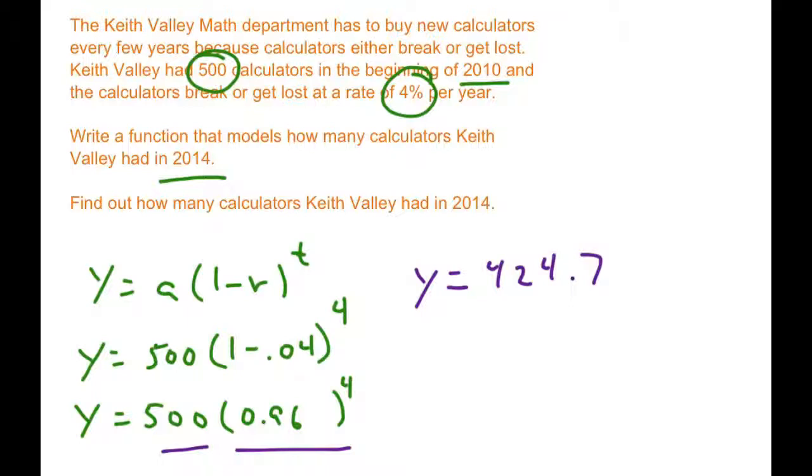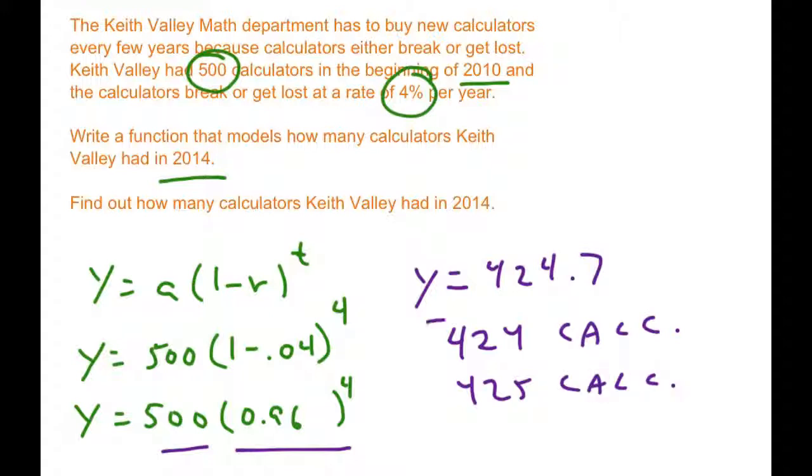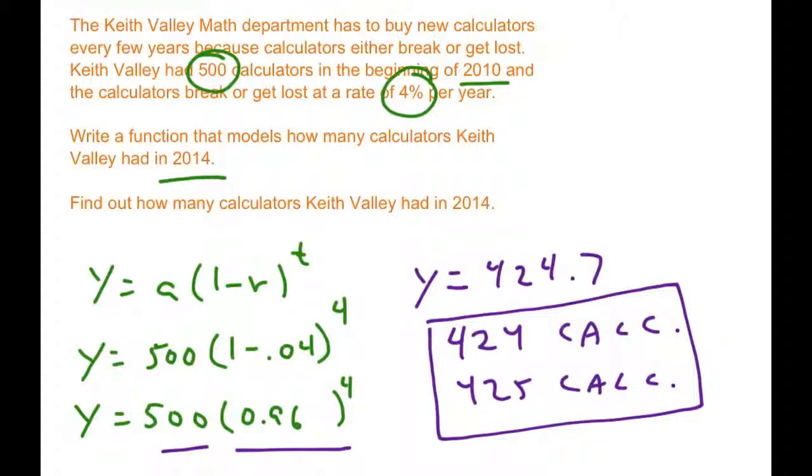So at this point, I would accept 424 calculators because I understand where you're coming from. I would also accept 425 because I understand the math and rounding up. So for me, I'm accepting either answer as long as you can explain why you did whichever one you chose.